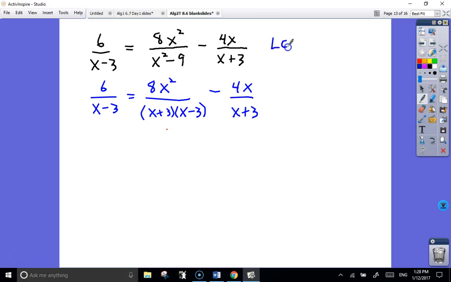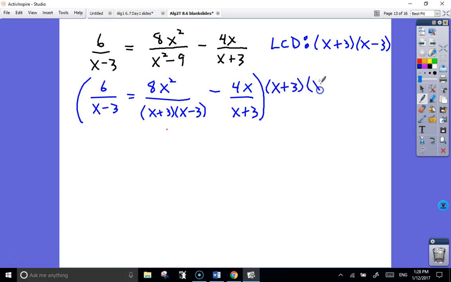The LCD is going to be the same thing, x plus 3 times x minus 3. This is the LCD for the whole equation, both sides. Now we're going to multiply both sides by that LCD, x plus 3 times x minus 3.